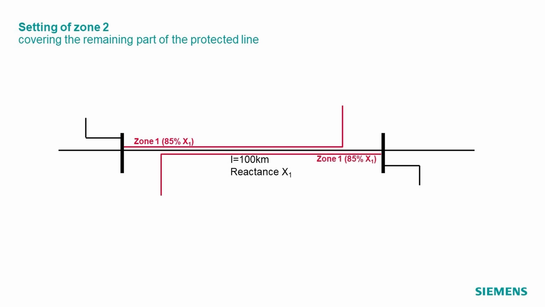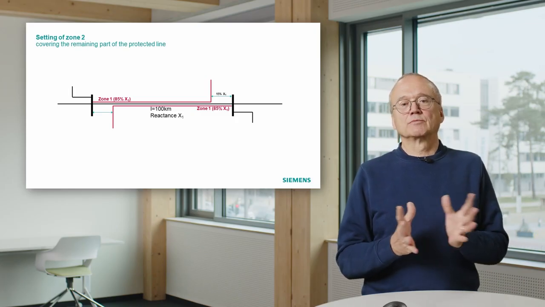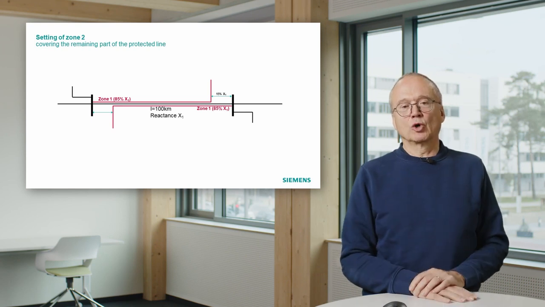The same applies to the relay on the right side. It would also cover 85% of the line. That means on both sides we have this remaining 15%, exactly 15% if we have no measurement errors. It can be more or less than 15%.